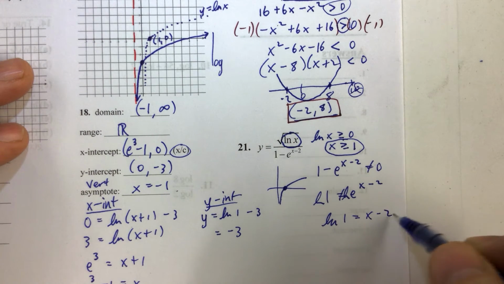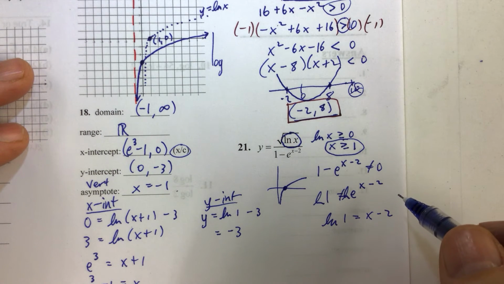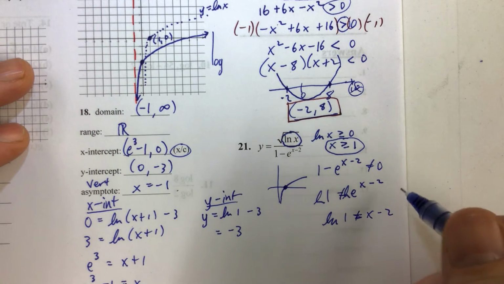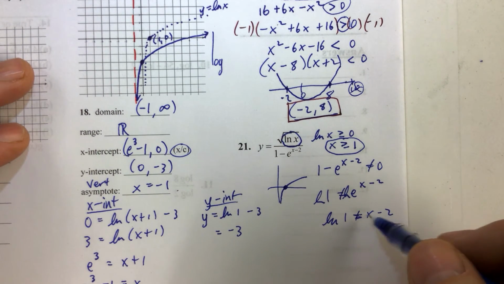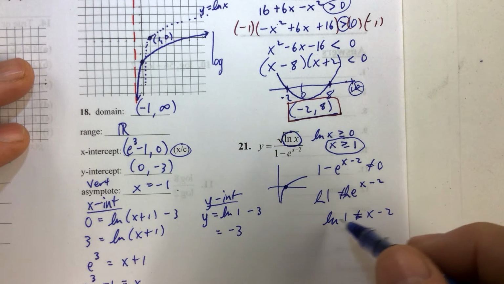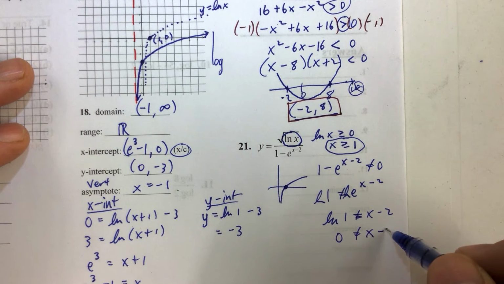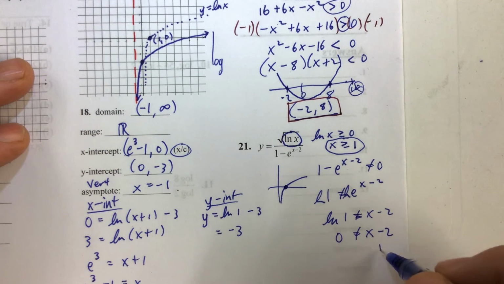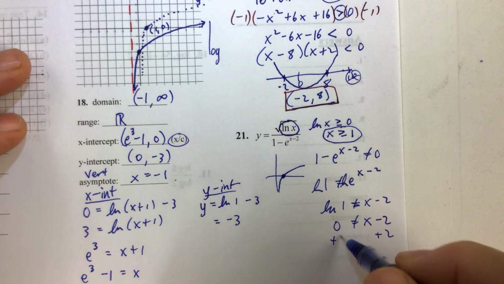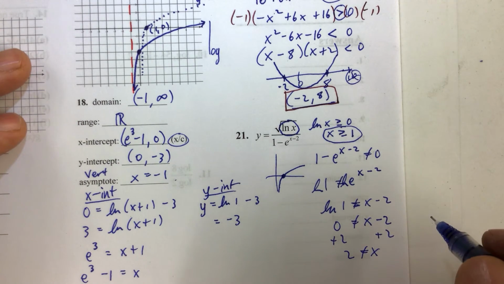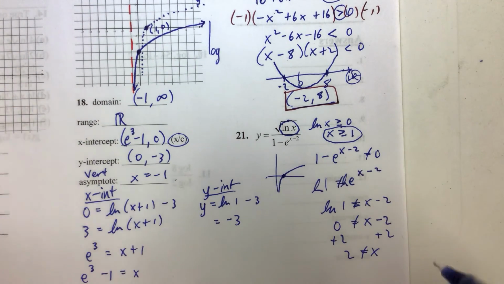So just convert this equation to logs. And then solving this, we say, well, x minus 2 can't be the log of 1. Log of 1 is 0. So 0 is not allowed to be x minus 2. And then if we add 2 to both sides, we finally get to our domain value that we can't have in the denominator.